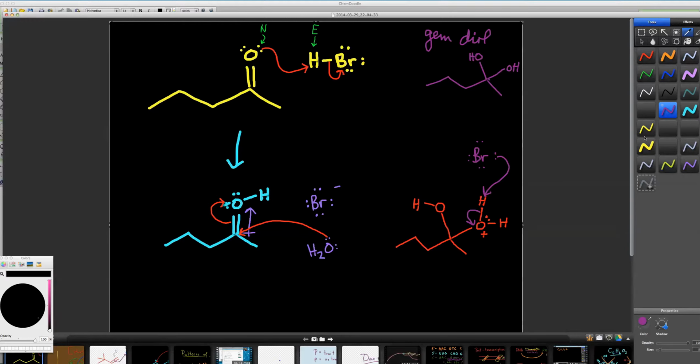So mechanistic steps. We have a proton transfer. Clearly we are transferring a proton from one molecule to another. In our second step, we have nucleophilic attack.